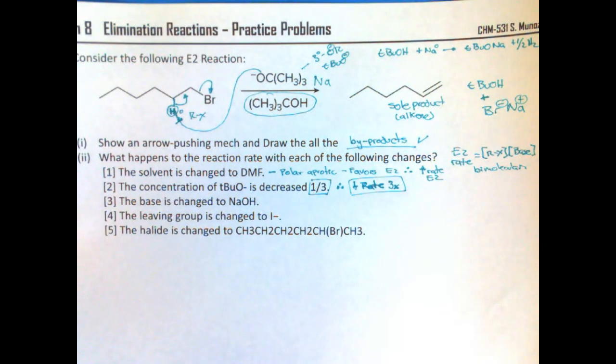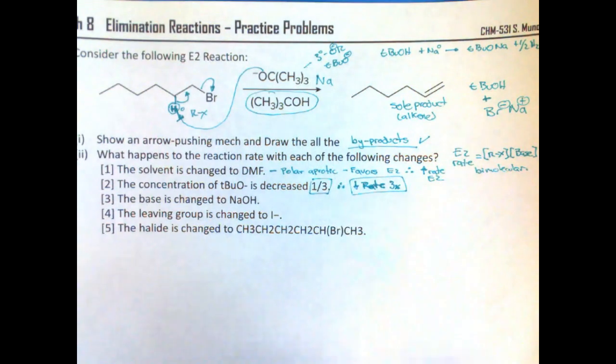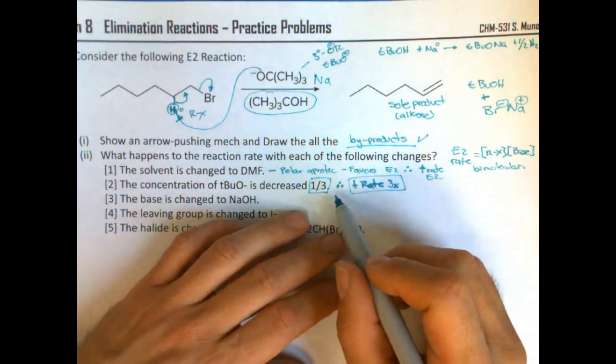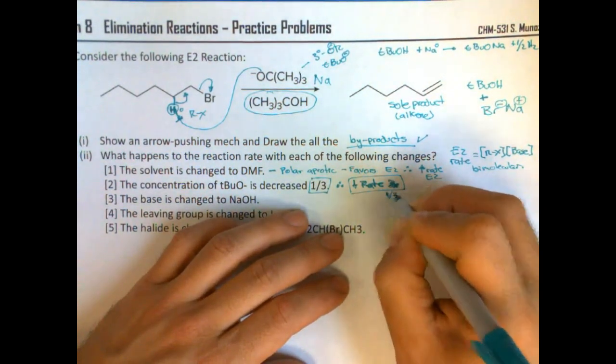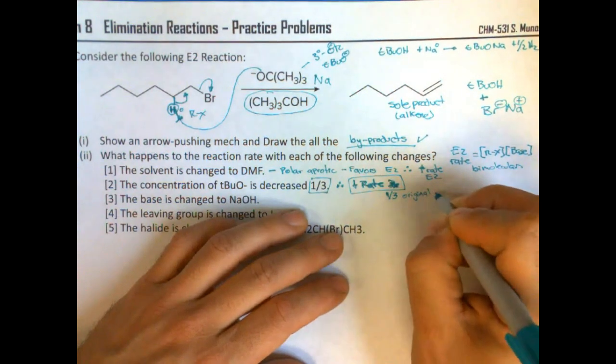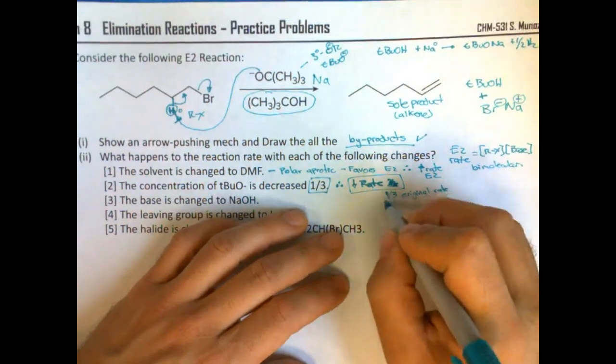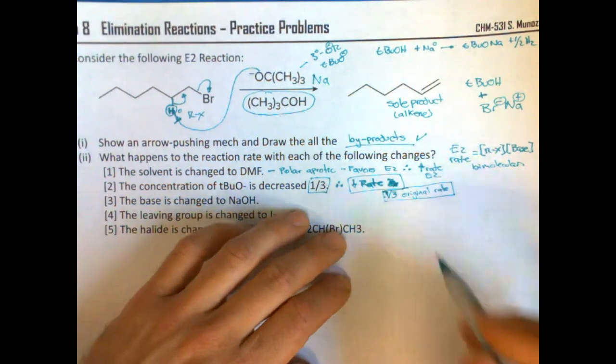If you say that it's decreased by 1/3, it's exactly the same. It decreases 3 times. So just to clarify, we can say that the rate decreases not 3 times, but to 1/3 of the original rate. I think that's clearer than saying by 3 times.